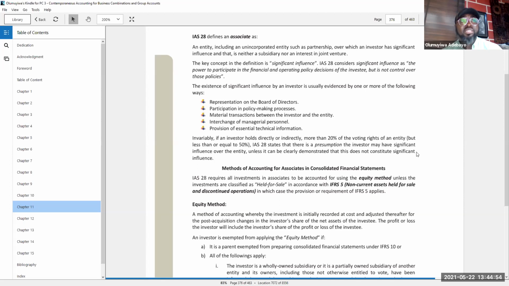The quantitative perspective views significant influence as where an investor, which is an entity, has voting rights in an investee that range between 20% and 50% of the voting rights in that investee entity. In that light, we say such an investor holds significant influence in the investee.